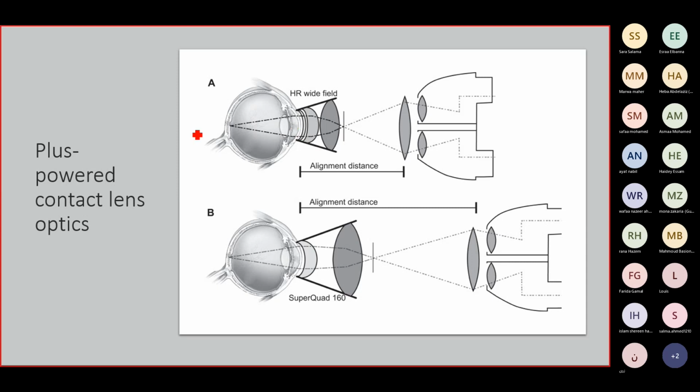As you can see here, because they have high plus power, the image is inverted and laterally reversed, and the image is real. So with the slit lamp, you focus on what we call an aerial image. There is an image in the air, and it's a true image rather than a virtual image. Okay, you can focus that on a piece of paper.